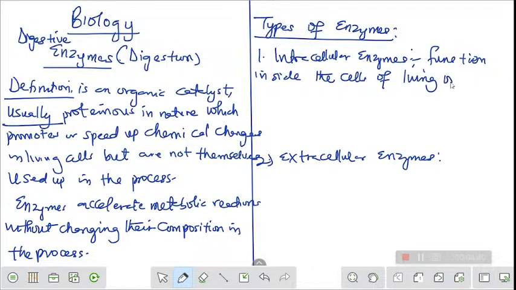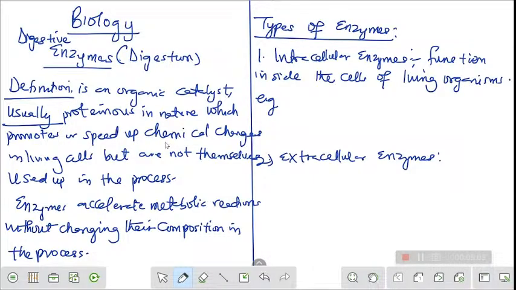So common examples are the enzymes that catalyze cell respiration inside the mitochondria. You know, the main purpose of respiration is energy, and mitochondria is the powerhouse of the cell. Mitochondria is where the ATP is produced in the cell.